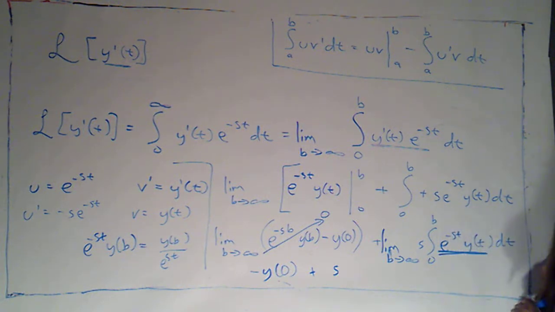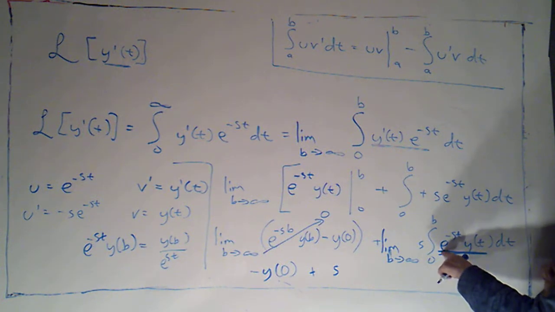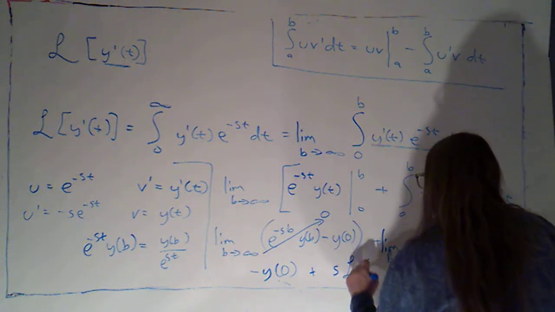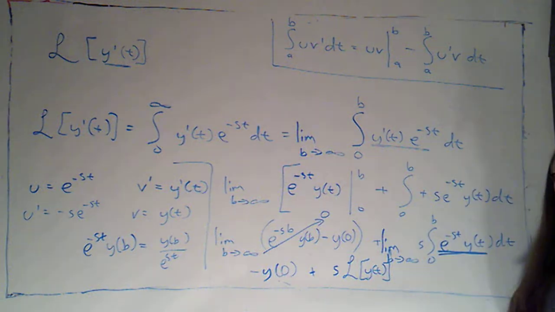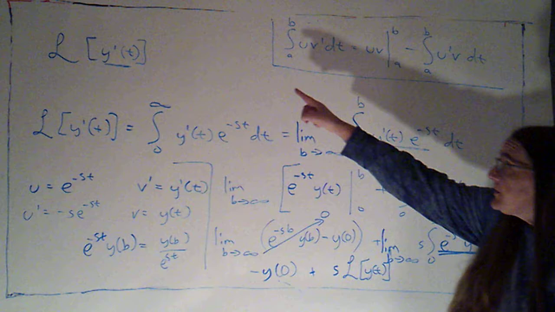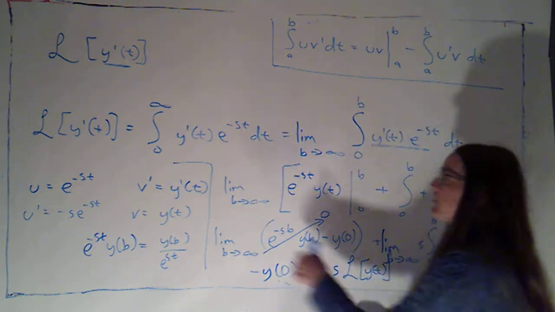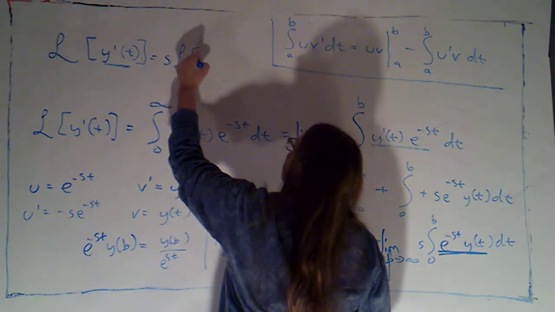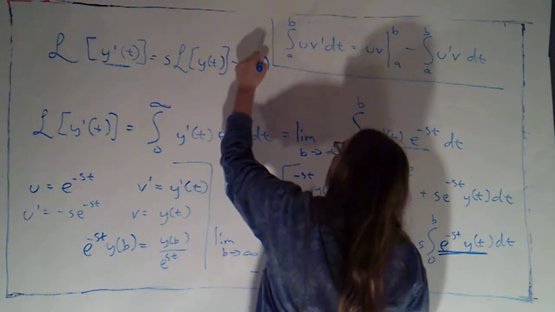And take a look at what I'm integrating: y of t times e to the negative st. That's exactly the Laplace transform of y of t. So, if I apply the Laplace transform to a derivative, I'm going to get s times the Laplace transform of the original function minus y of 0.